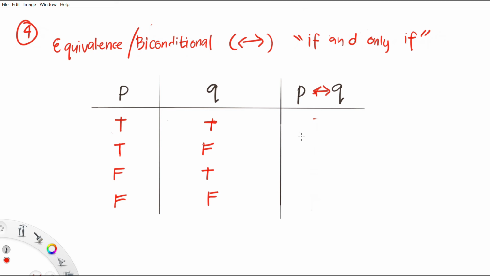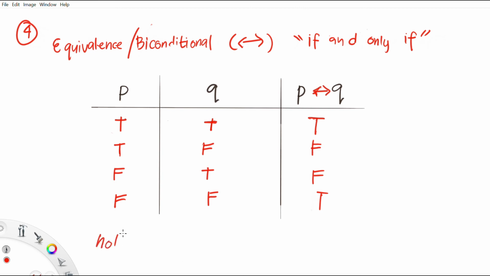So P if and only if Q. True if and only if true is true. True if and only if false is false. False if and only if true is false. And false if and only if false is true. The equivalence is true if both propositions are true or both are false.